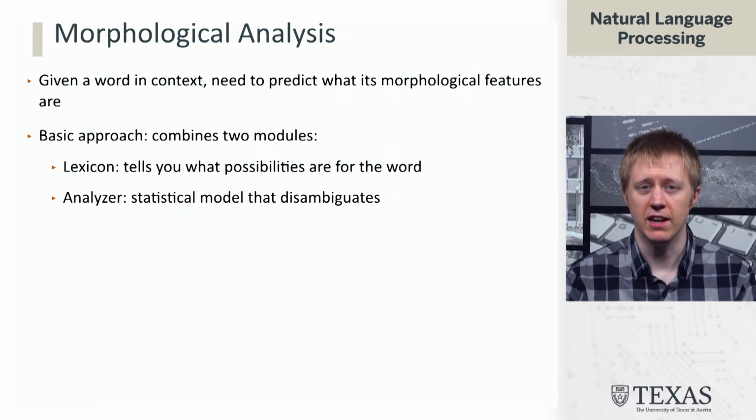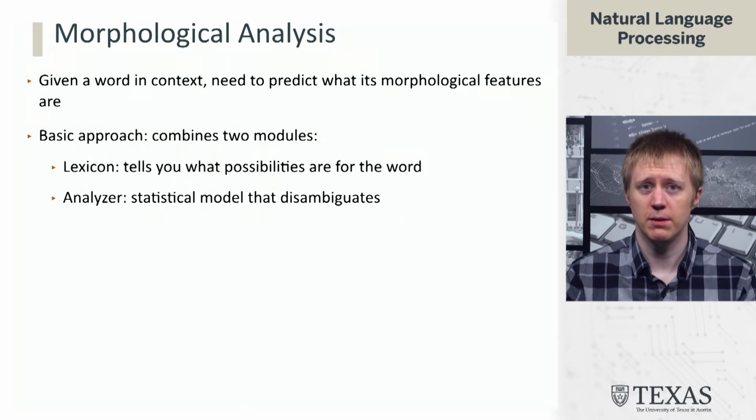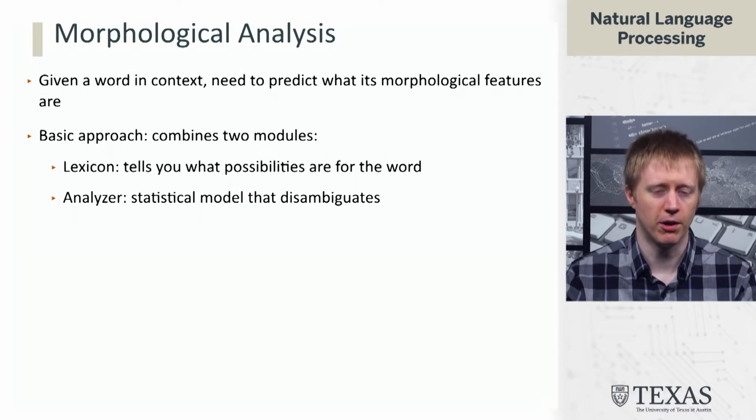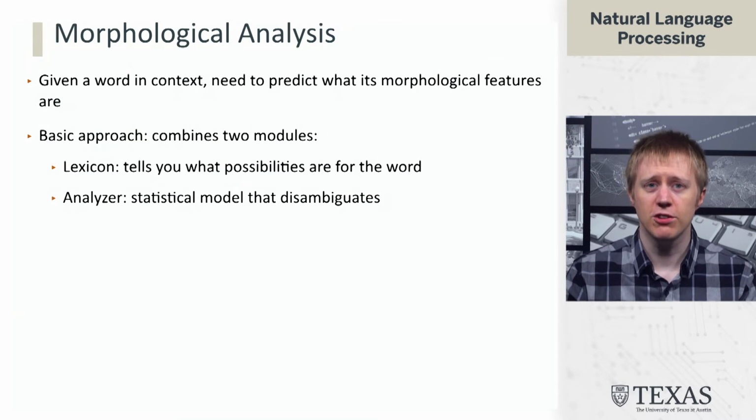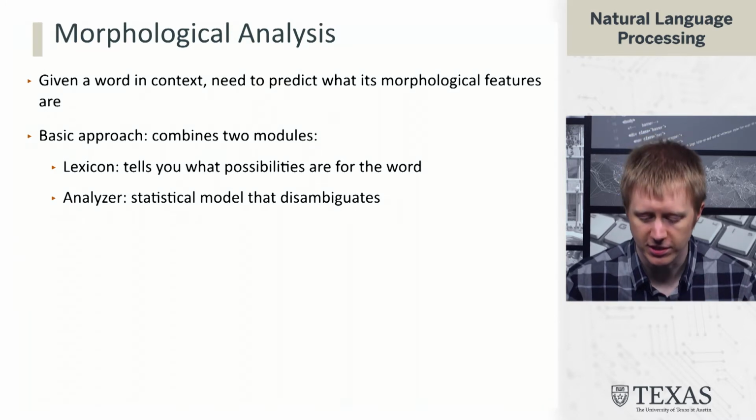Then we say, you have a word spelled like this. I know that it's either going to be the first person present form of this verb or the third person imperfect or something like that. Given those two possibilities, which one is it? That relies on a statistical model, a classifier.